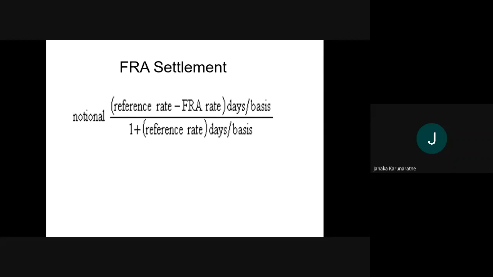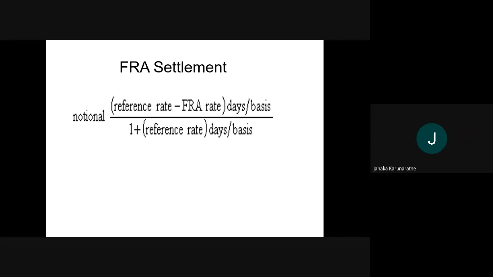Let's say I'm going to borrow 10 million, so the notional principal is 10 million, times the reference rate, which is the market rate at that time, minus the FRA rate, times the number of days. If it's a 90-day loan, 90 days divided by the basis.